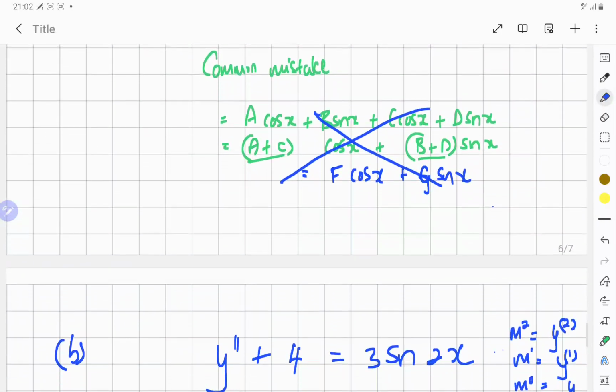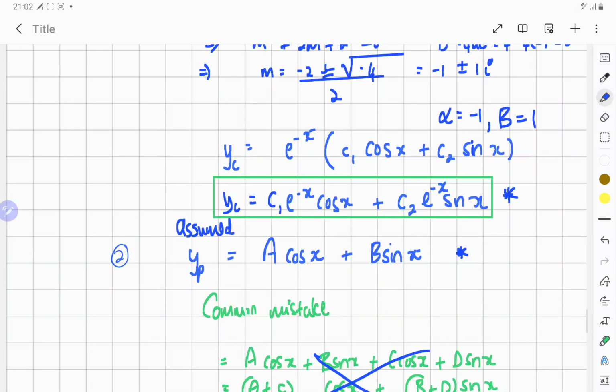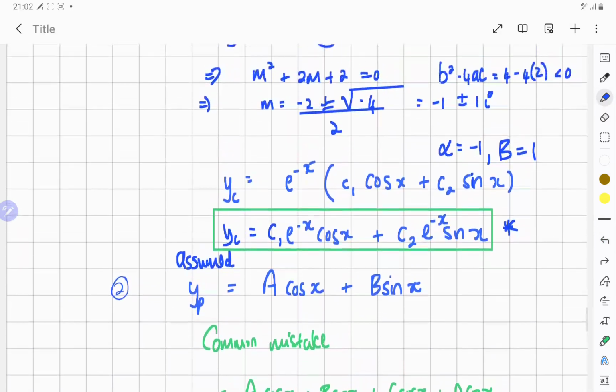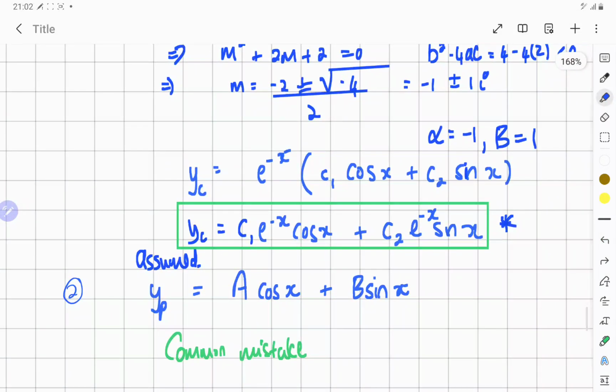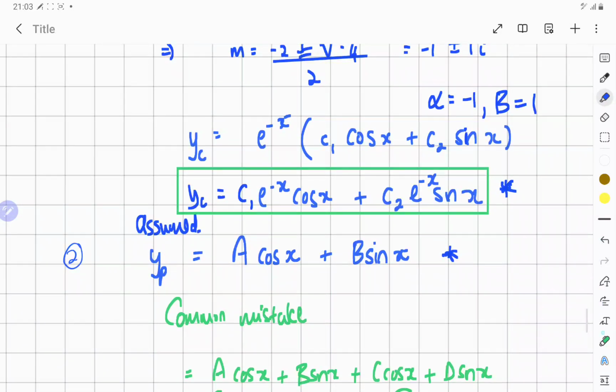Now, very important, I am going to compare that to my complementary function. So let's compare that quickly to our complementary function. So what do we see? Our assumed particular solution is this. Our complementary function is here. Now let's see, is anything repeated? Let's check this.